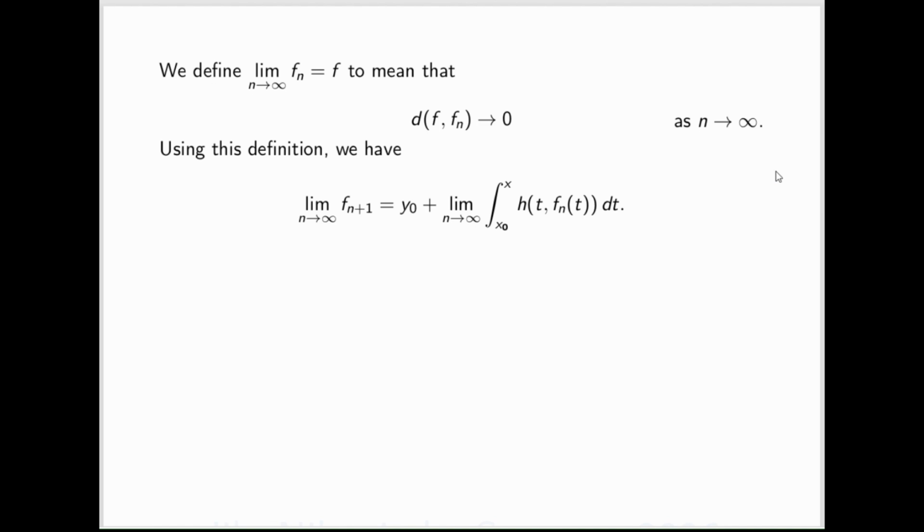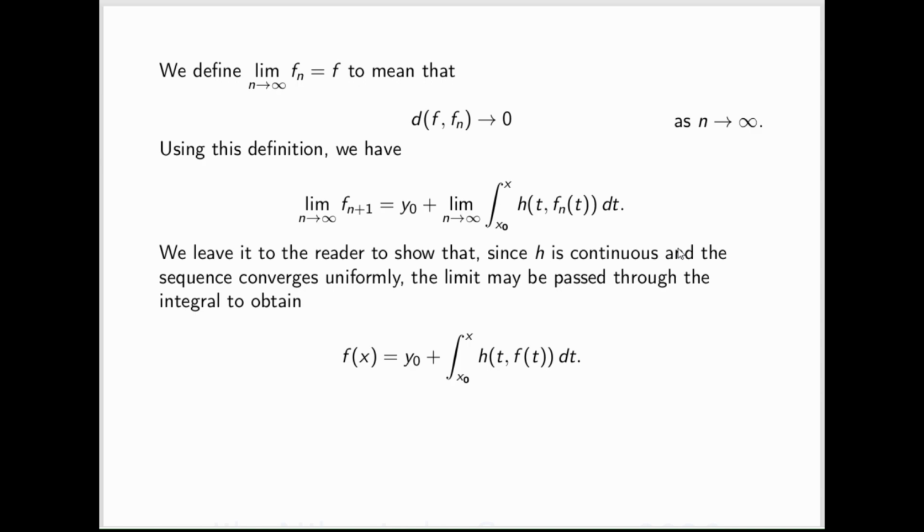So using this definition, we have the limit as n goes to infinity of f n plus 1, from the very first definition, equal to the limit as n goes to infinity of y0 plus the limit as n goes to infinity of the integral from x0 to x of h of t and fn of t dt. Of course, the limit of y0 is just y0.